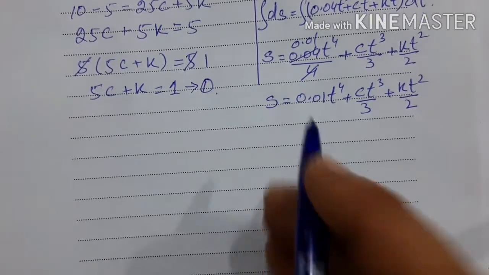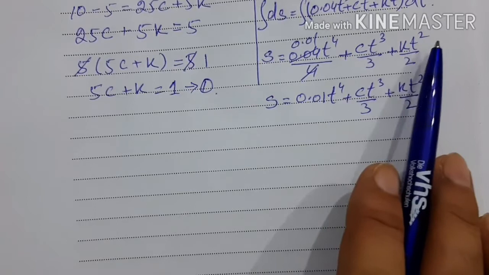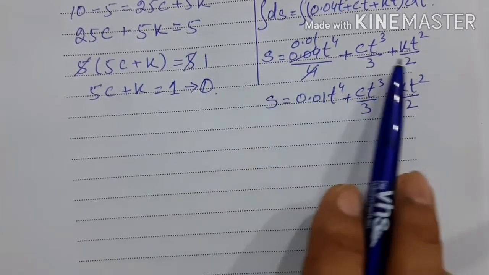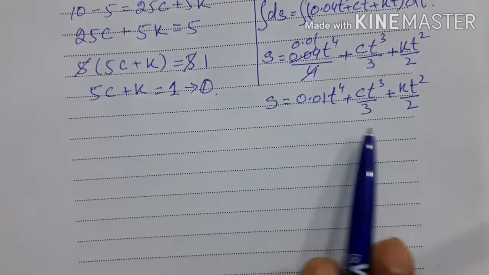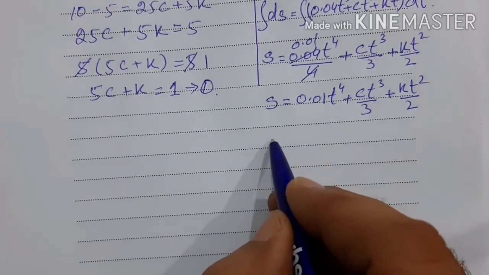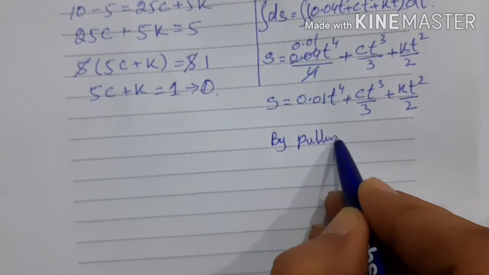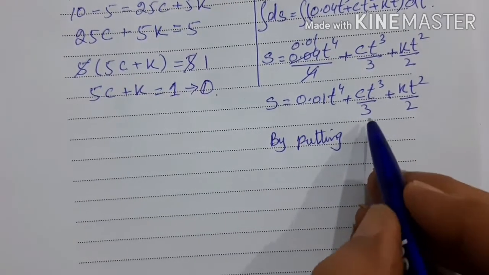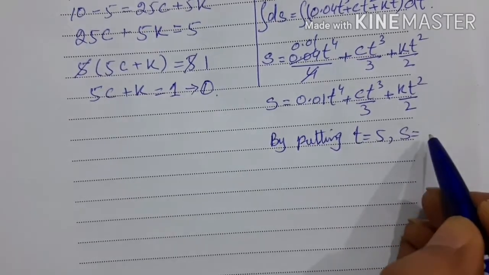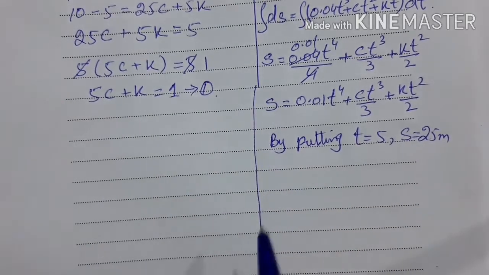I will not take a constant here because at time 0 the distance was 0, so the constant will also be 0. That's why I'm skipping that constant of integration here. So at t is equal to 5, distance was 25. So put these two things here.